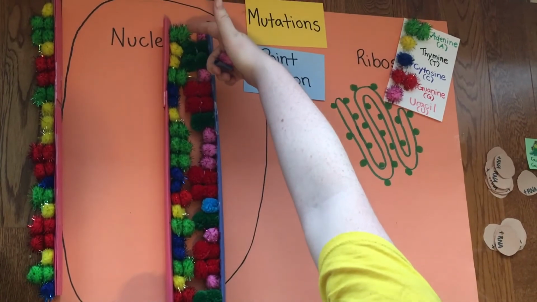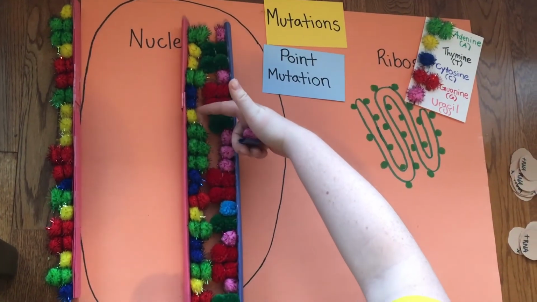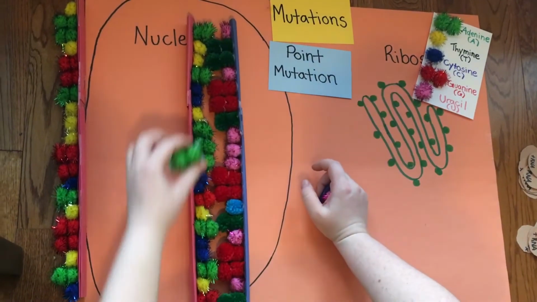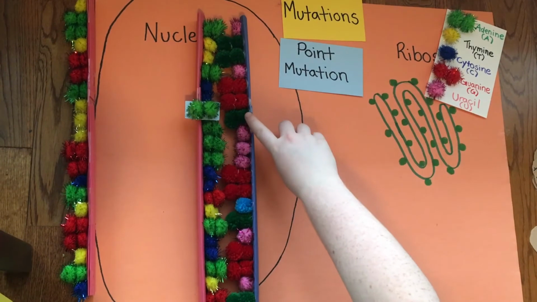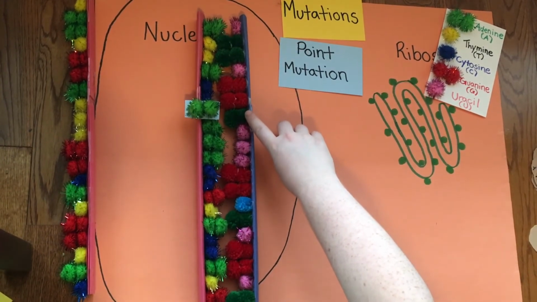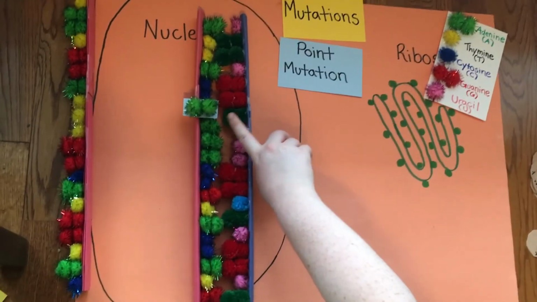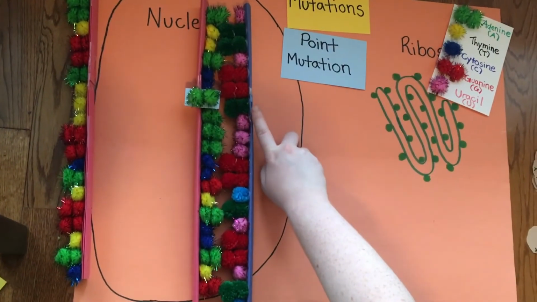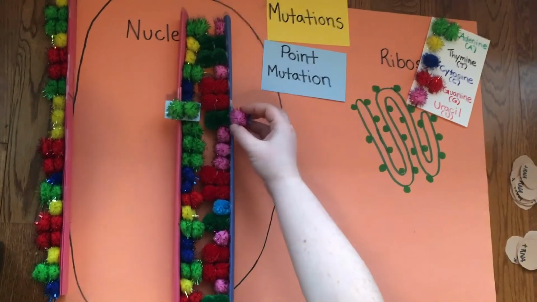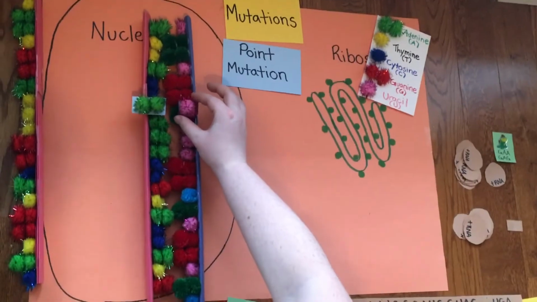I'm going to go down to the 7th one. 1, 2, 3, 4, 5, 6, 7. I'm going to change thymine here to a different base, which then means that our RNA will have to change as well. And usually A binds to T, but remember, mRNA does not have any thymine, instead it has uracil. So let's change this one to a pink.